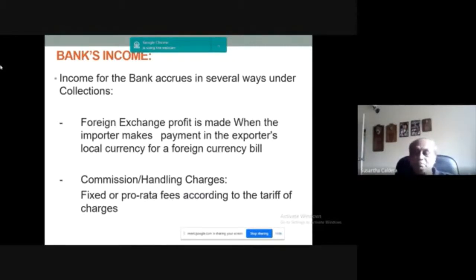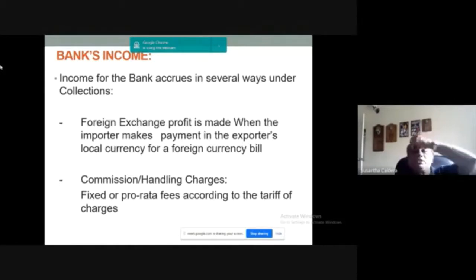One is commission. We collect commission, sometimes 0.25%. Some banks collect a flat charge, a handling fee. This differs from bank to bank. It can be fixed or on a pro rata basis. Banks' tariff of charges are different.